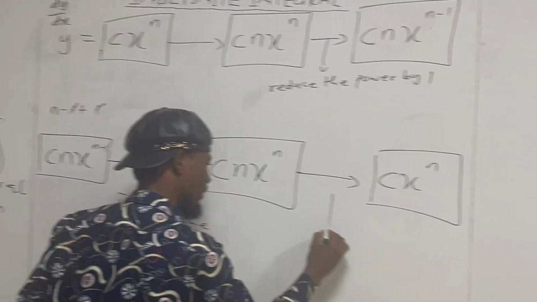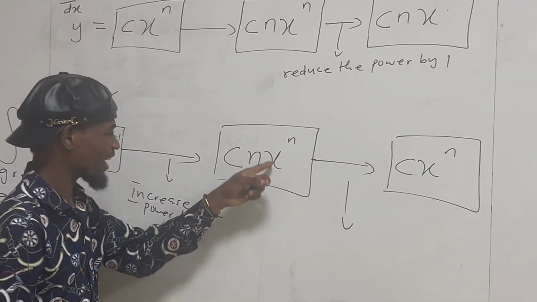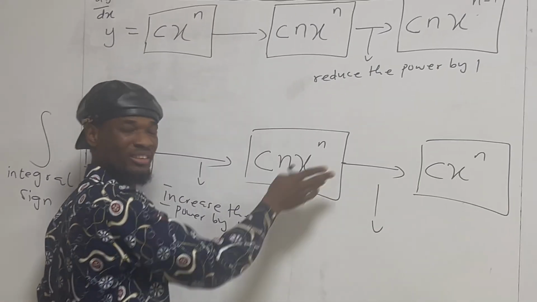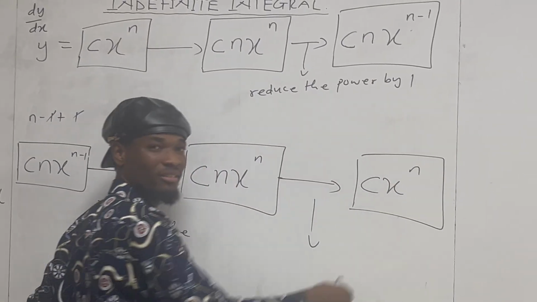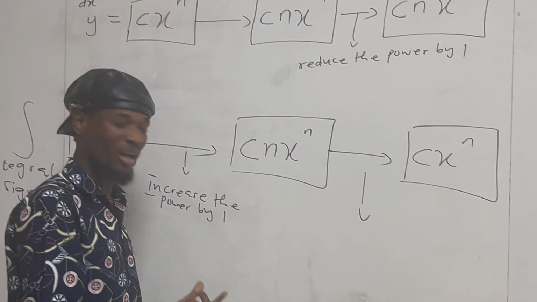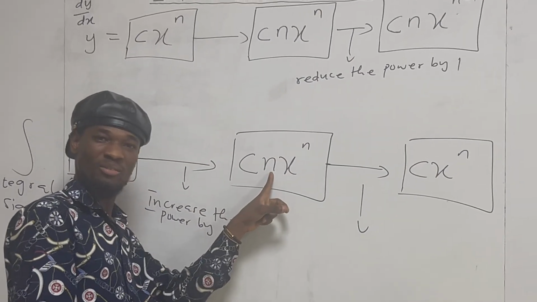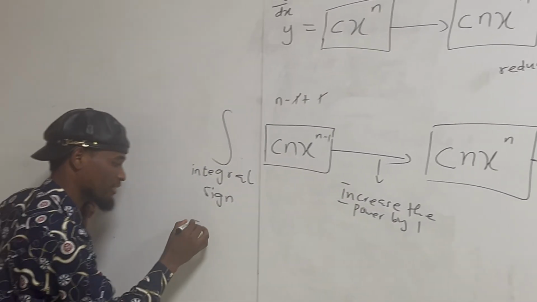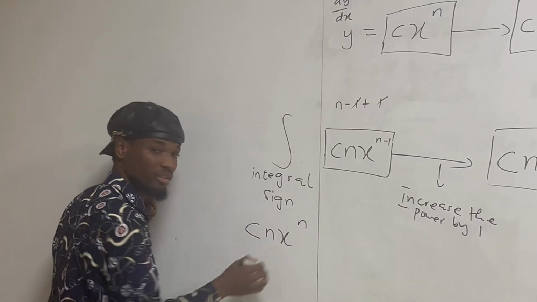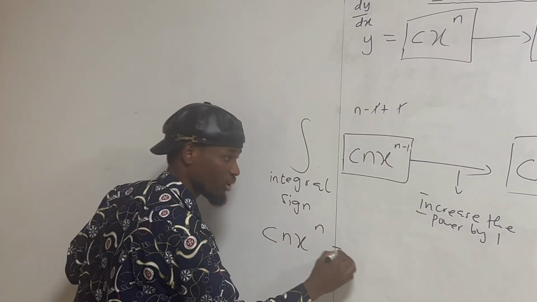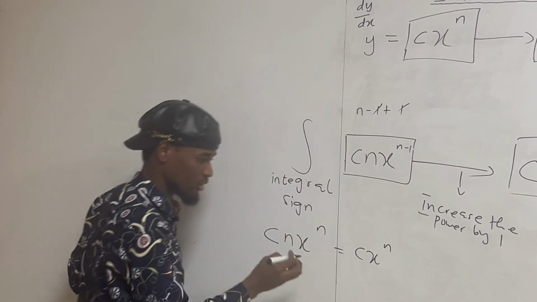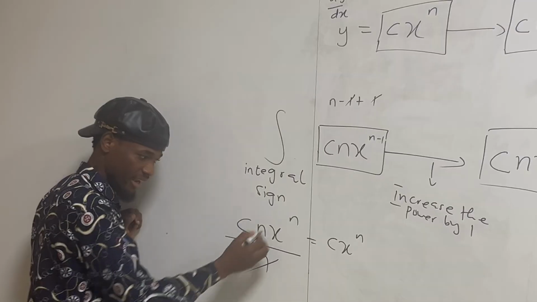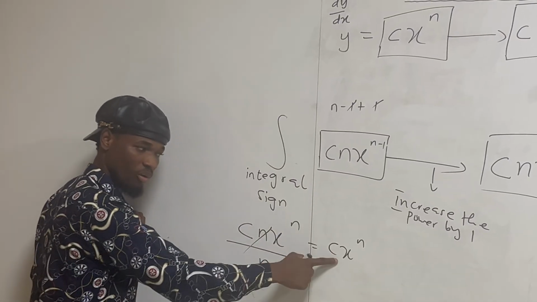Now, what happened? We had cn times x to the power n, and all of a sudden we have cx to the power n. Hey, where did the n go? This is what is happening. If I have cn x to the power n, it became cx to the power n because we divided this by n. When we divide it by n, the n cancels, and we have cx to the power n.